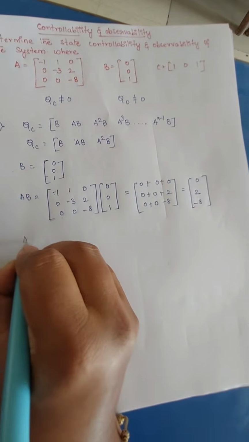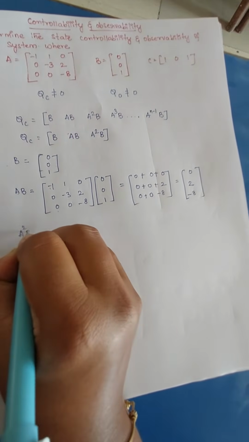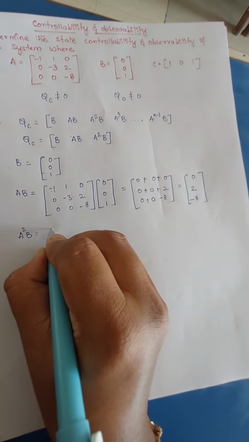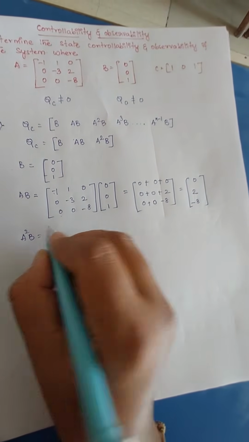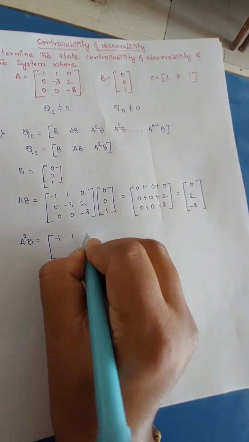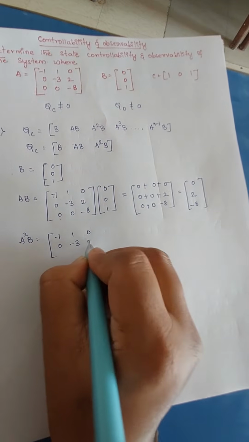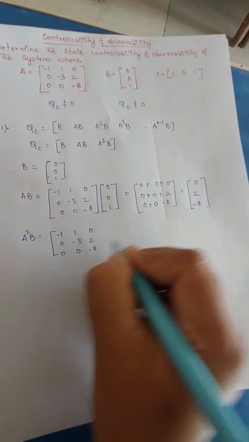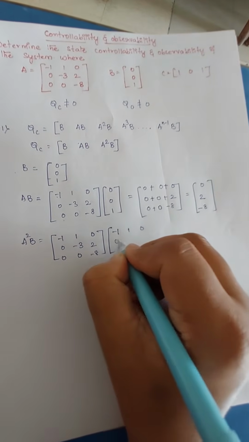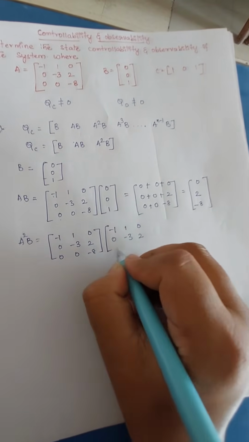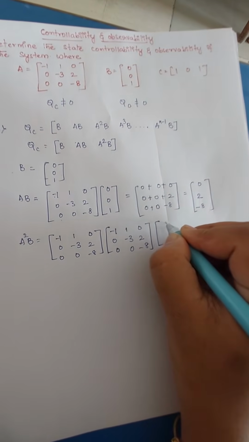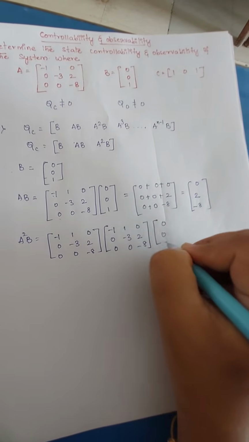Next, the third column is A squared B. For this, we first find A squared and then multiply it with B. We take A, minus 1, 1, 0, 0, minus 3, 2, 0, 0, minus 8, multiplied by A again, and then by B, which is 0, 0, 1.